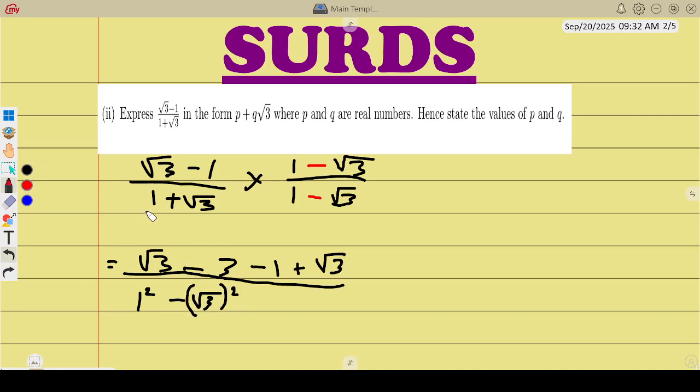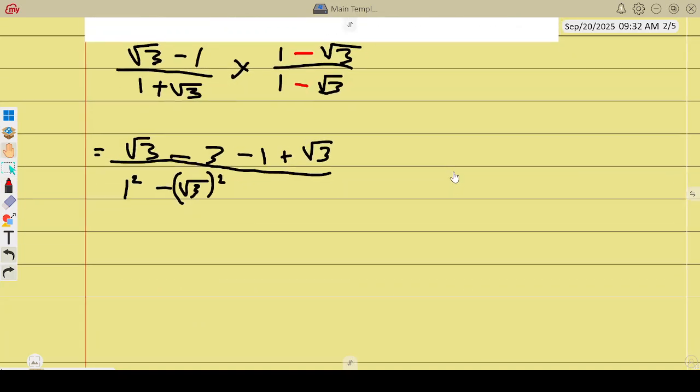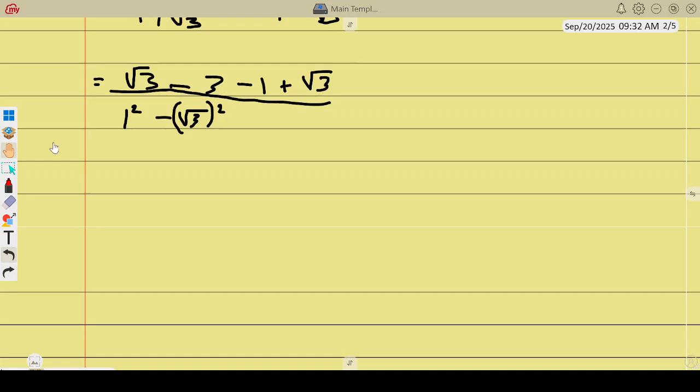So this is how you multiply. If you want, you can just say 1 times 1, you write 1, times 3, you write again, root 3 times 1, you write root 3 times root 3, you write. And then now from here we add like terms together.